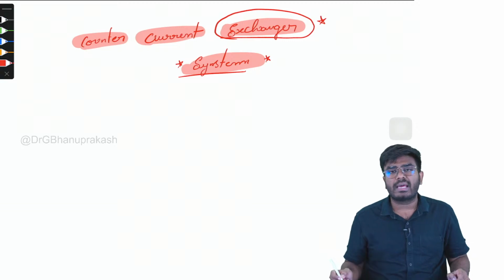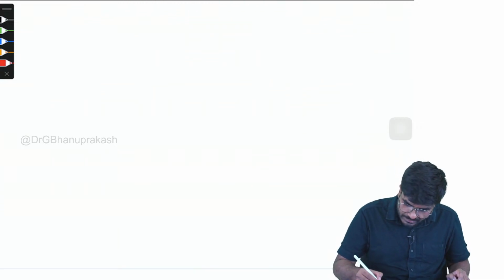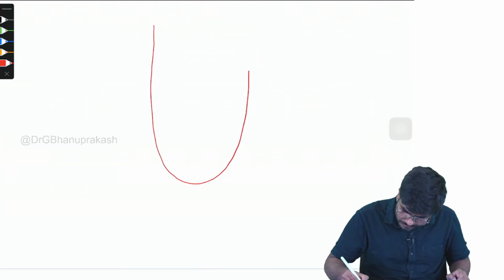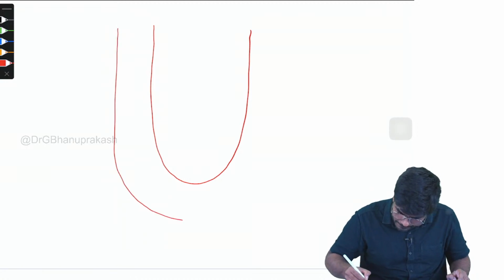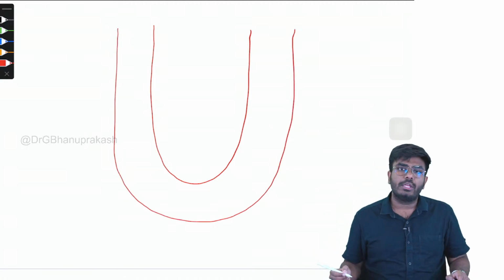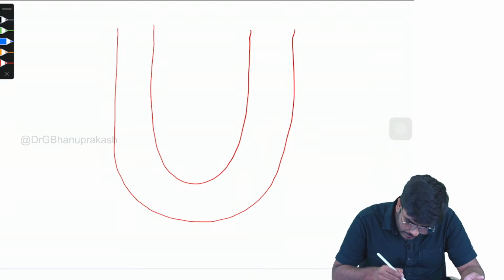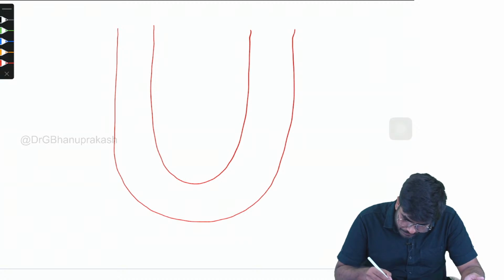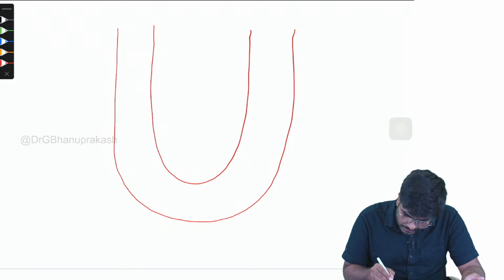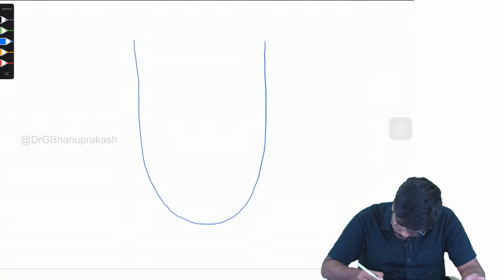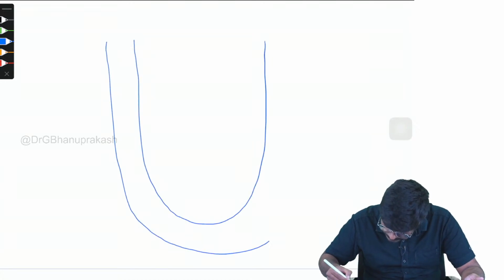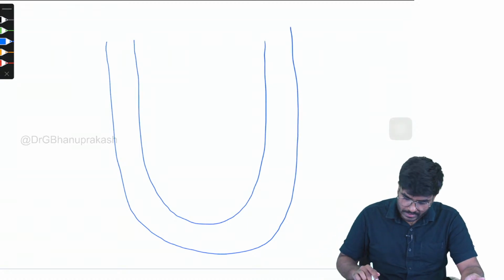Now what is this counter current exchanger? Very simple. The concept is, see, here is your descending limb of loop of Henle, hairpin turn, and ascending limb of loop of Henle. Let me draw this in a different color. Now I am drawing the descending limb of loop of Henle, hairpin turn, and ascending limb of loop of Henle.